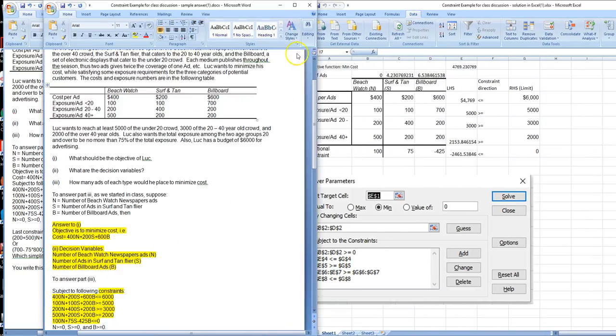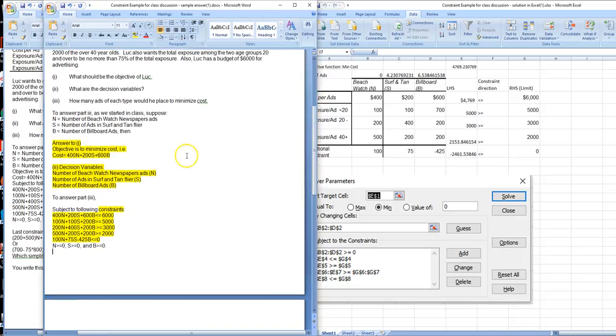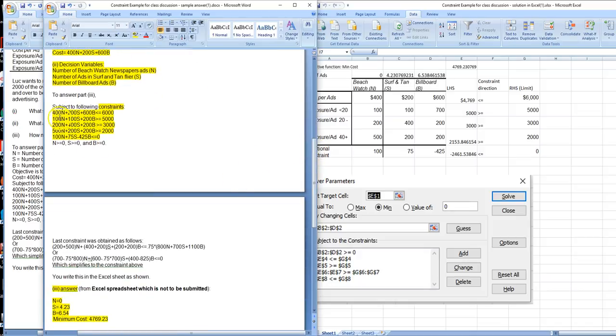And then if you wanted to submit the answer, the way you could do it is, again, I have highlighted the numbers here. So this is our objective function, cost function, which is what we are trying to minimize. Our decision variables are number of Beach Watch newspaper ads, number of ads in Surf and Tan, number of billboard ads. And these are our constraints that we had entered.